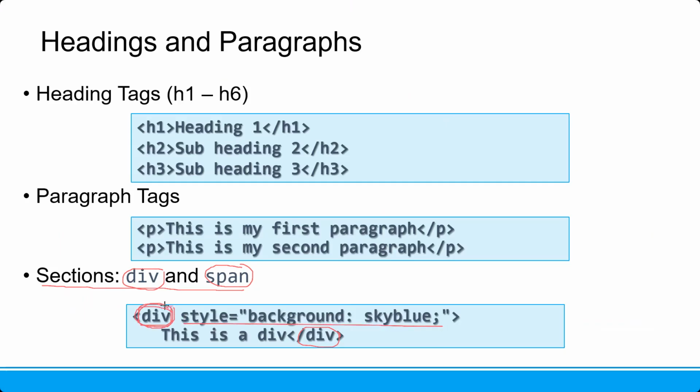For example, in this div, before ending with the triangle bracket, we will make some style. So the style can include the background color. For example, in this case, the background color is sky blue. Then the background color for only that particular div is sky blue. And we will have the text. This is a div.